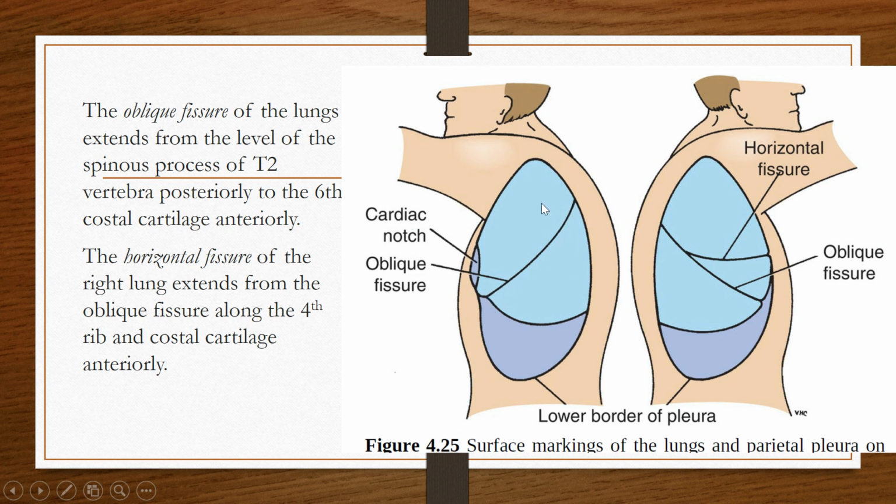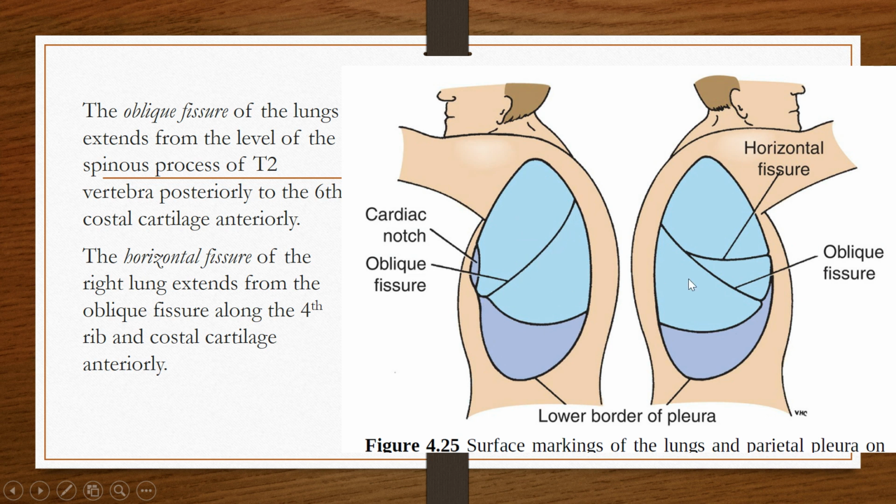In the left lung, the upper lobe is called the superior lobe, and the lower one is called the inferior lobe. But in the right lung, the upper one is the superior lobe, the middle one is the middle lobe, and the lower one is the inferior lobe. Again, the right lung is divided by 2 fissures into 3 lobes, and the left lung only by 1 fissure into 2 lobes.